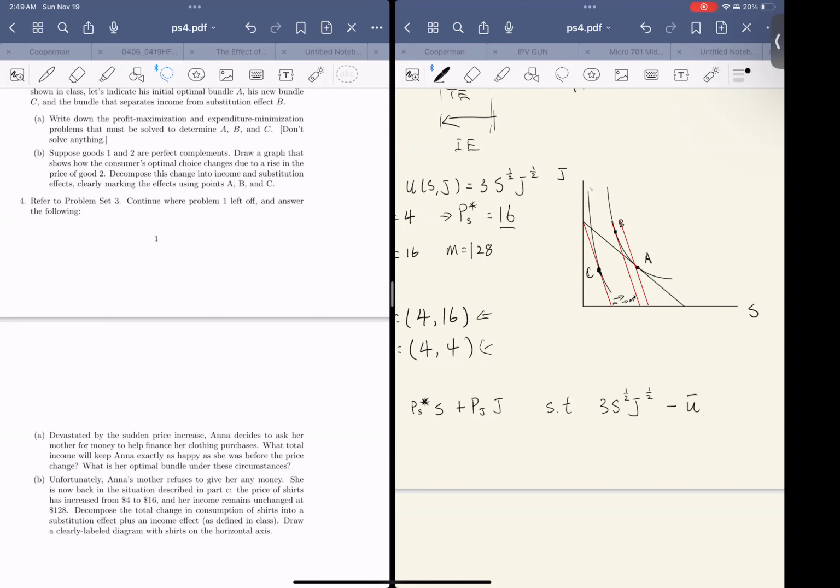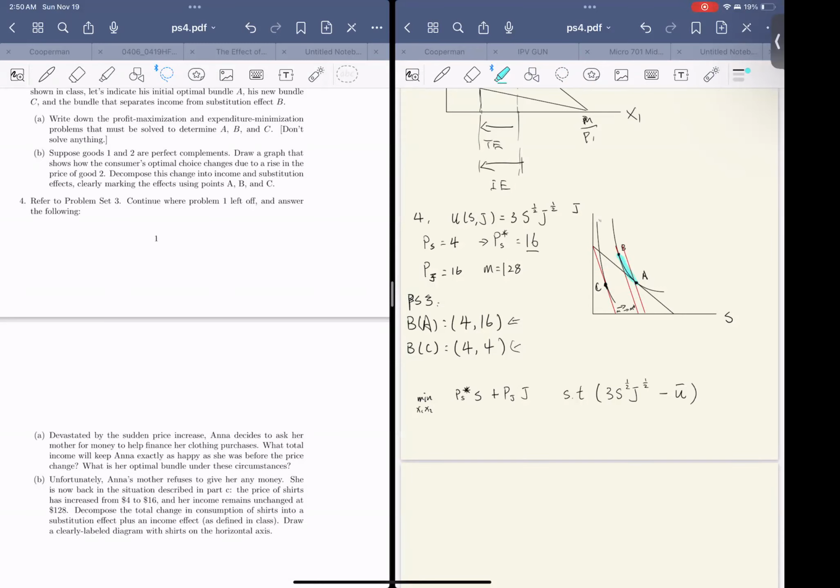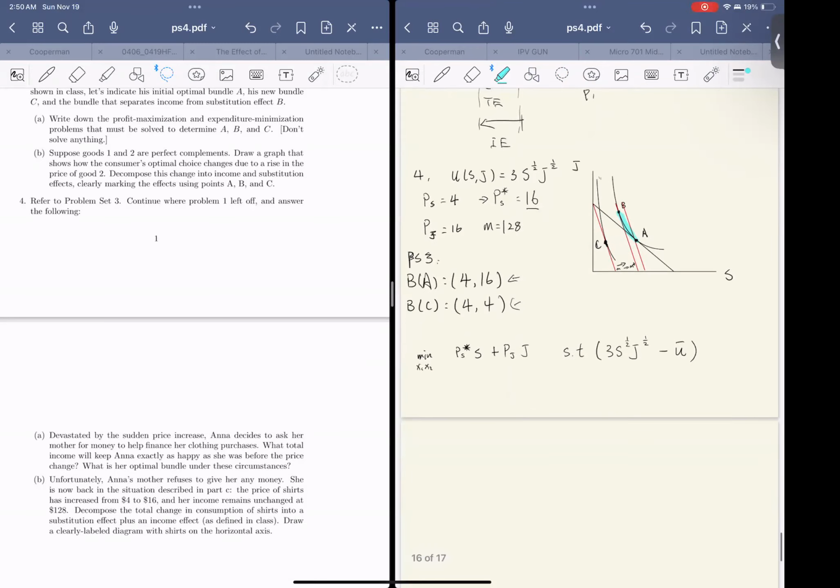Right? Because our utility must be the same. As we can see, B must stay on the same indifference curve as A. So what's my utility at point A?